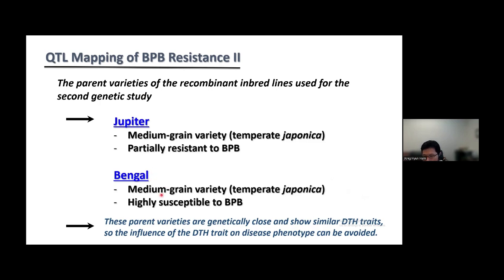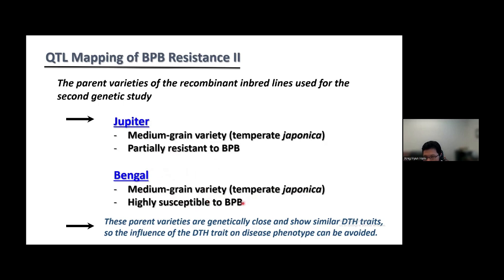Bengal is a medium grain variety, like Jupiter, a temperate Japonica type. Jupiter and Bengal differ in resistance to bacterial panicle blight. However, they have a similar heading date phenotype.